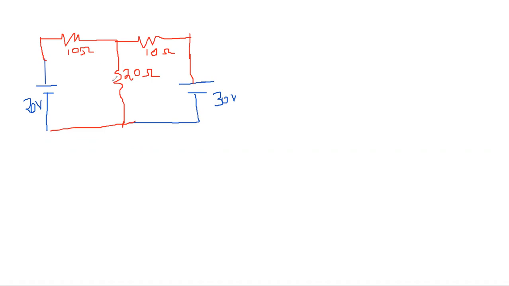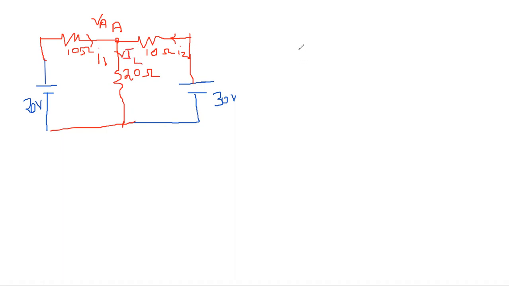This circuit you can solve using KCL. If this is node A, let the potential be VA. This is I1, this is I2, and this is I3. I3 is nothing but your IL, so let it be IL.